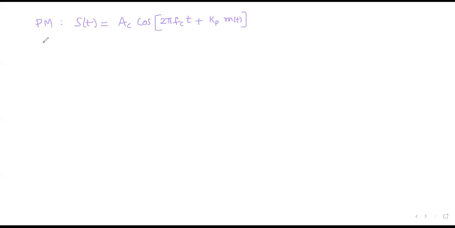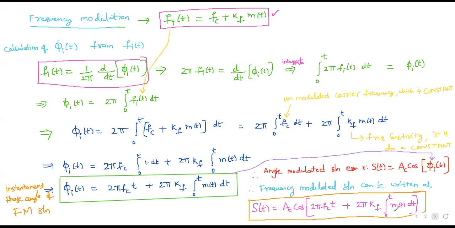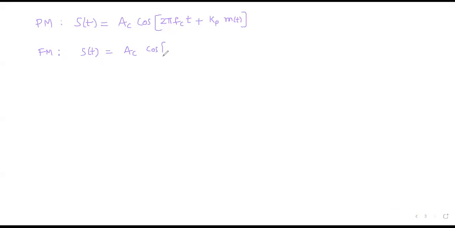This is for a phase modulation signal, and for a frequency modulation signal, S of t is equal to AC into cos of 2 pi fct plus 2 pi into kf into integral 0 to t m of t dt.